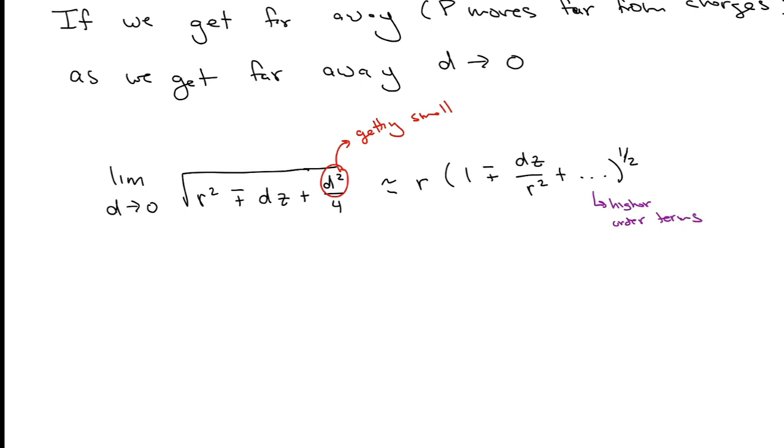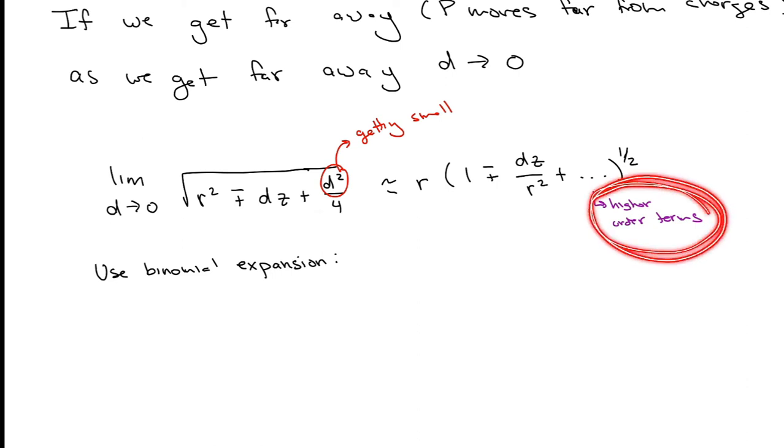Now I can further simplify this by using the binomial expansion. Again, this is a common technique that we've used throughout this course and really is used throughout physics to take something complicated like this and simplify it, because oftentimes these higher order terms get really, really small really fast. So they're actually not that significant. It's just the leading terms that matter.